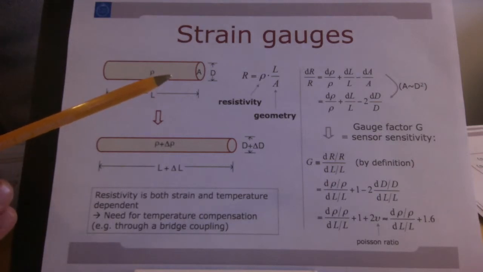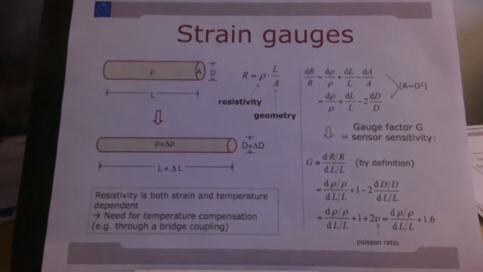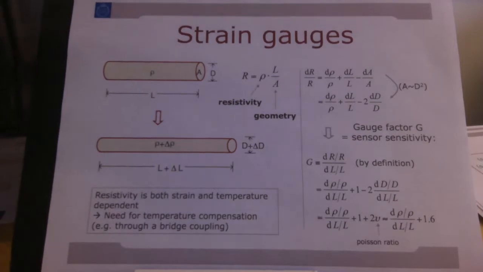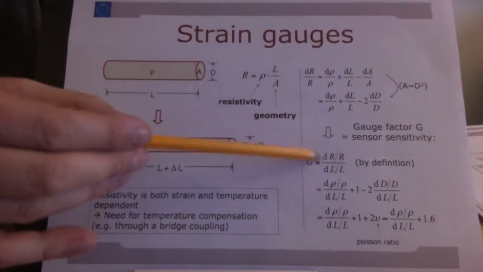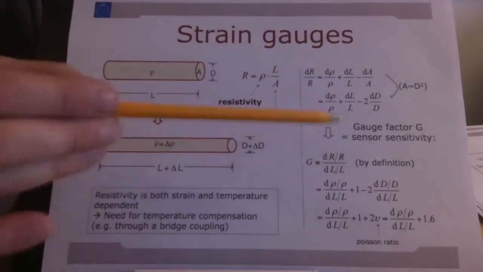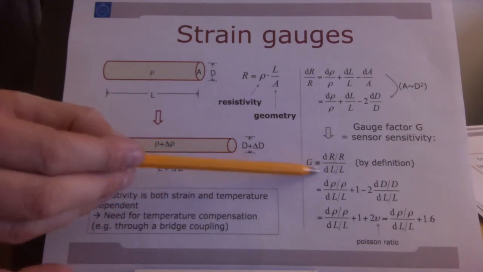And if we also look at what is the resistance of such a structure, well, the resistance equals the resistivity of the material times the length divided by the area A here. And so if we want to know what is the sensitivity of the system, sensitivity is in general defined as the relative change of sensor output, so the relative change of resistance, divided by the relative change of the physical property that I want to measure.